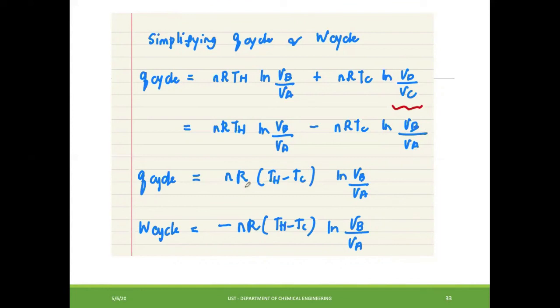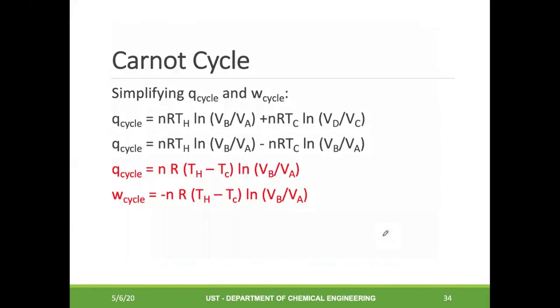So simplifying the terms, Q cycle is equal to nR (TH minus TC) ln(VB over VA), since they have the same ln(VB over VA) as a common factor now. Thus, work cycle is equal to negative nR (TH minus TC) ln(VB over VA). And if you add the two terms, delta U is equivalent to 0.